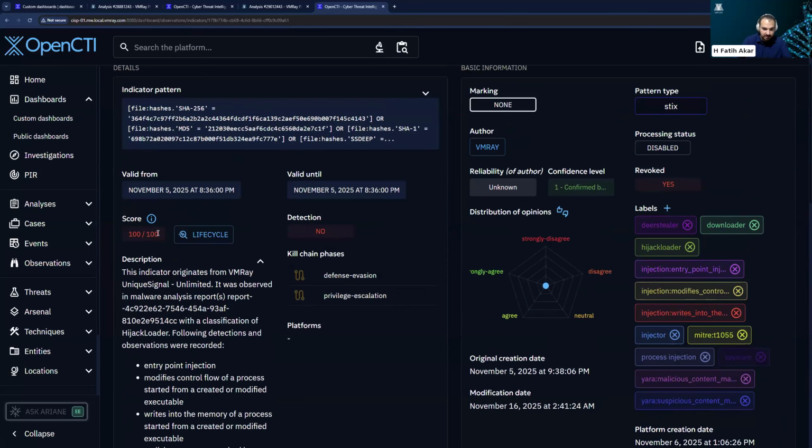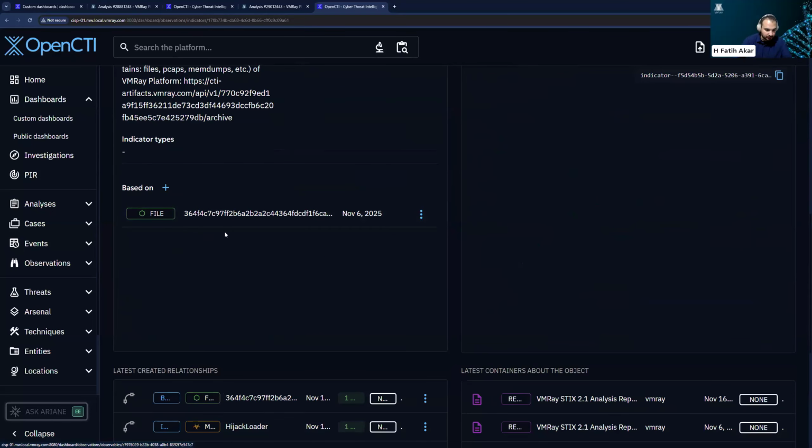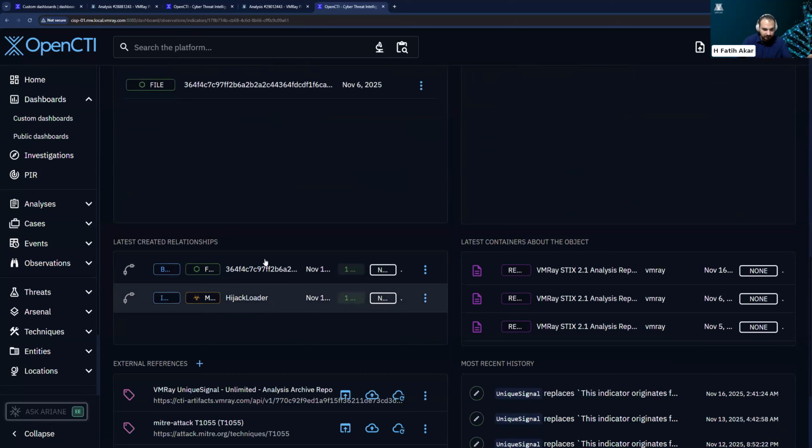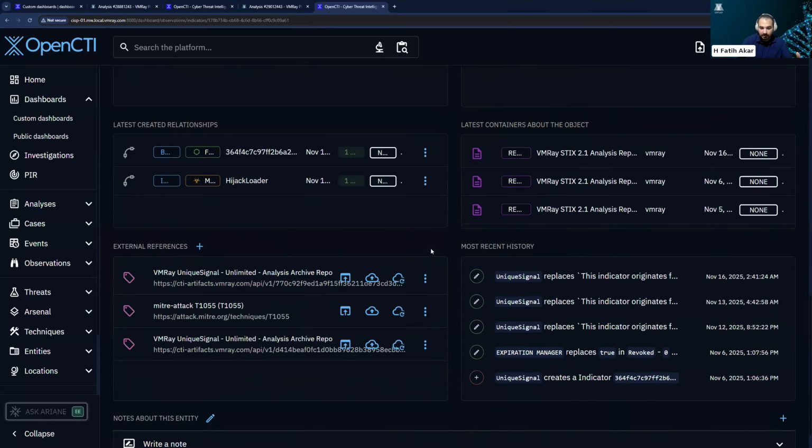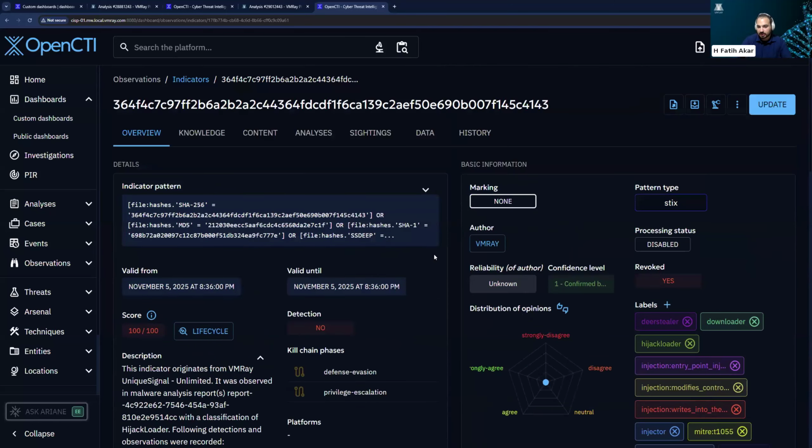And in this case, again, it's a really high score. And it's tied to different observable objects and some malware families in here as well. But again, here, I think we've done a good job of explaining to you how these different types of data serve various different use cases.